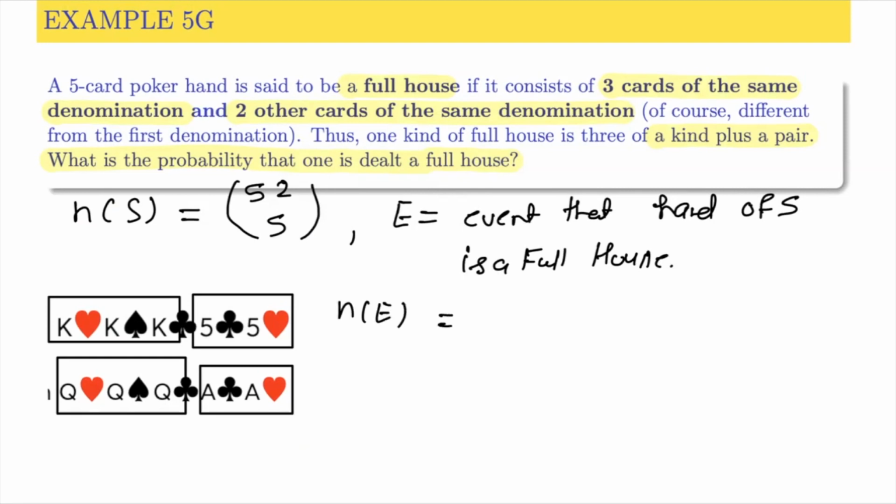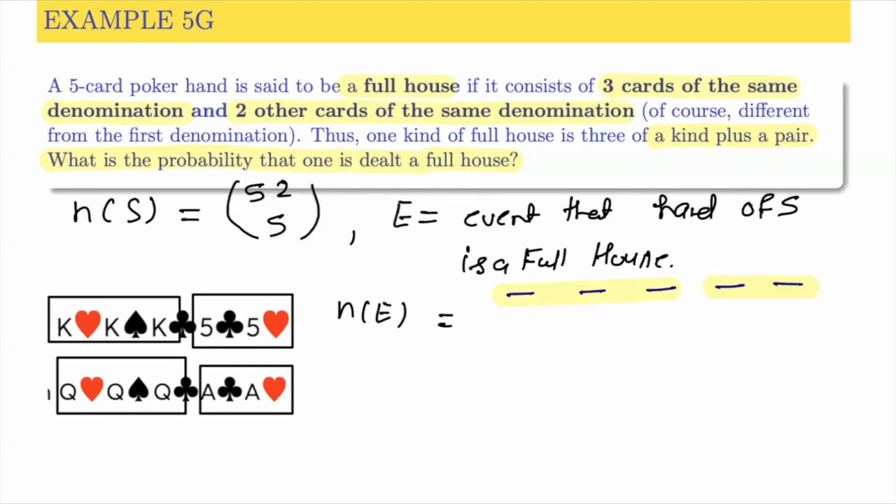So how can we calculate NE? For calculating NE, let me just create 5 possibilities: first, second, third, fourth, fifth. There are 5 cards you can have. The first 3 cards should belong to the same denomination and the last 2 should belong to the same denomination. Then you will have a full house there.